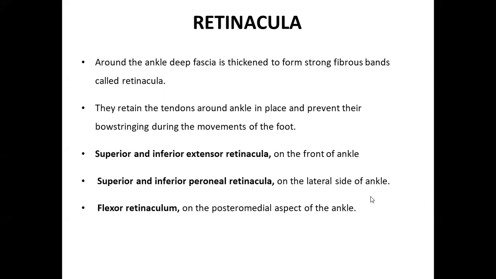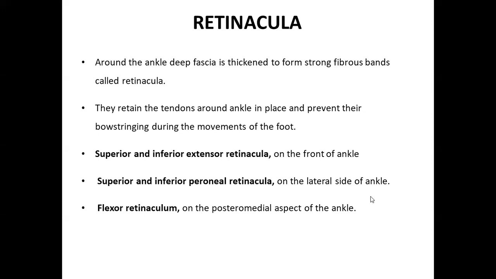So the retinaculum at the ankle joint retains the tendons around the ankle in place and prevents their bowstringing during movements of the foot. So the deep fascia around the ankle joint is thickened to form strong fibrous bands called the retinaculum, which retain the tendons at the ankle joint in place.